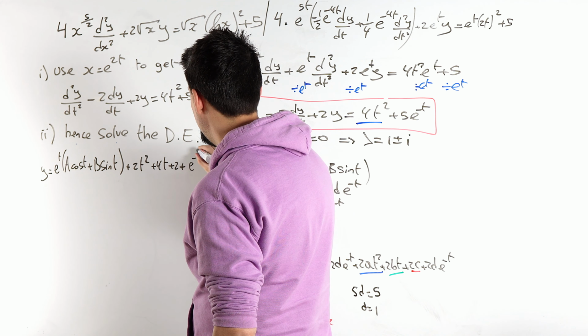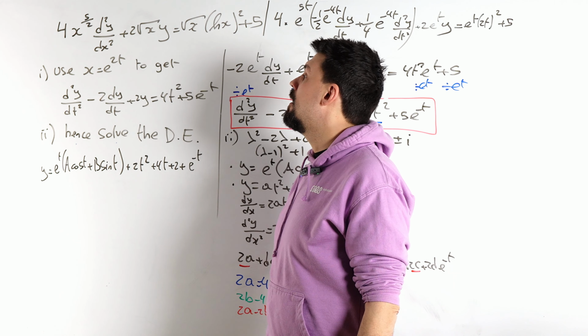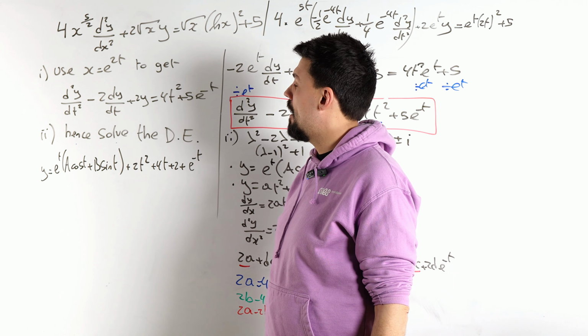That is my general solution for this differential equation. Now, I need to plug a bunch of stuff into here. I'm not going to write it all out. It is absolutely abysmal. But we can get a few key things in here.